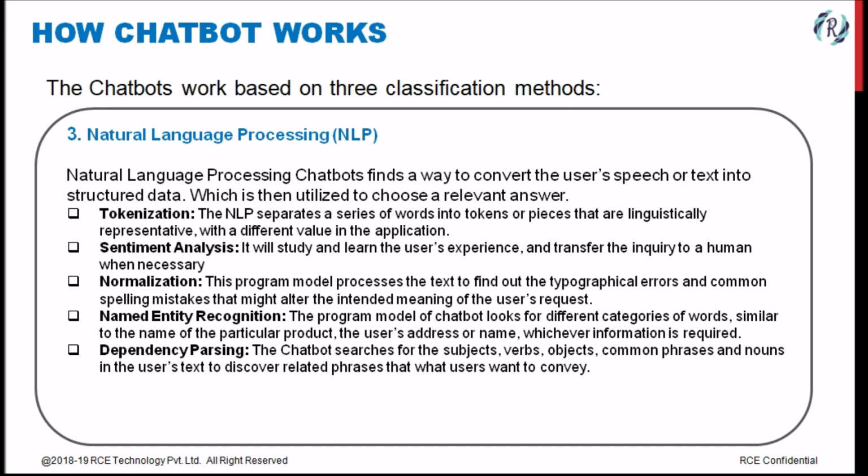After that, the program model processes the text, finds typographical errors or common spelling mistakes, or what the user intended to say based on their approach. Then it identifies which category those words belong to and what the response has to be, depending on what keyword, subject, verb or object is passed. It searches for that particular keyword and addresses the user experience.